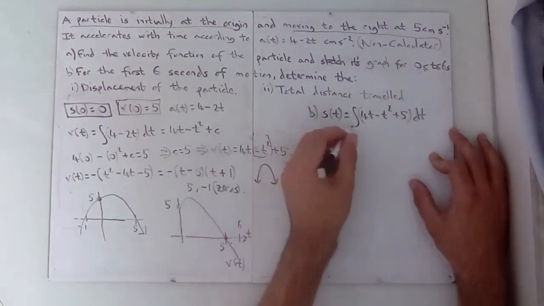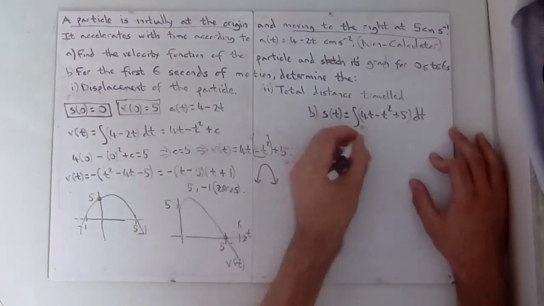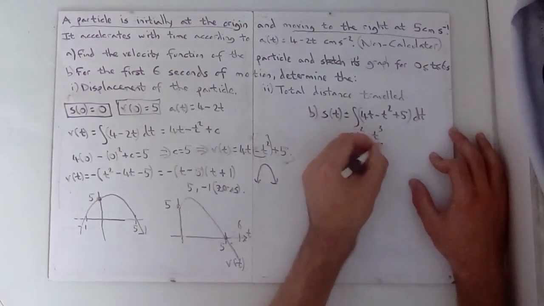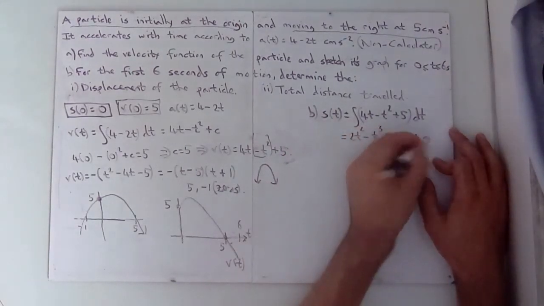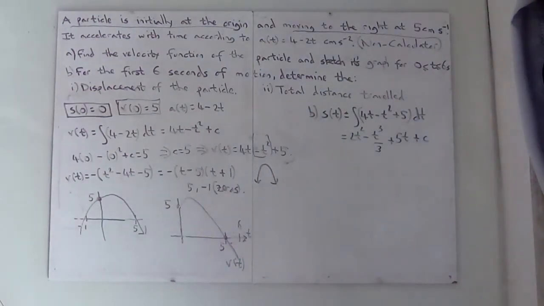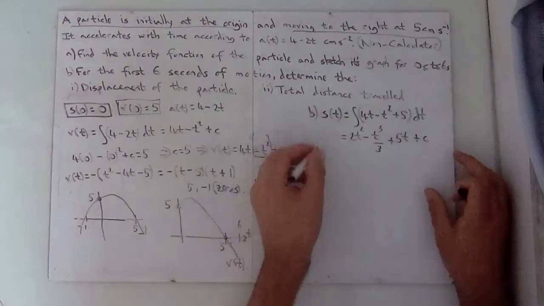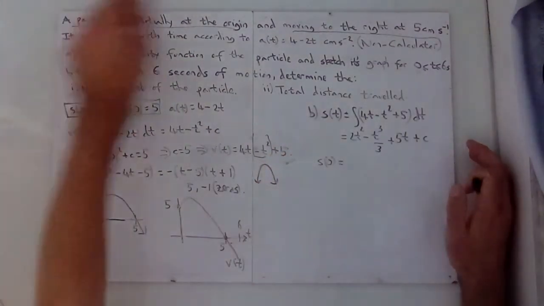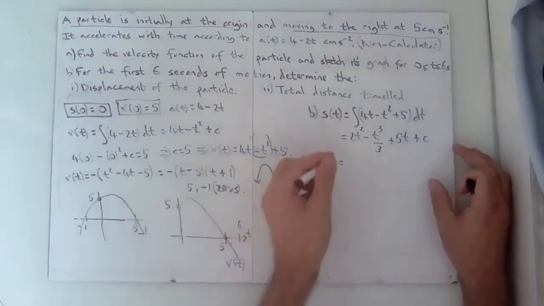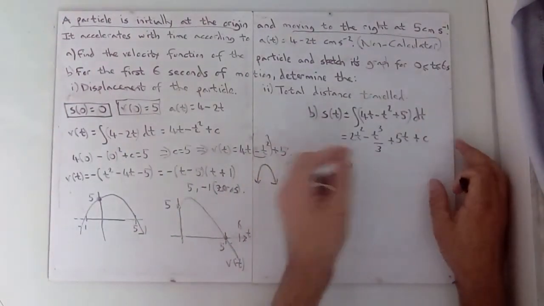So that must be 4t squared over 2, which is 2t squared, minus t cubed over 3 plus 5t, and then we're going to bring a new constant of integration in. It shouldn't be too bad, because we know that it started initially at the origin, so S0 equals 0.